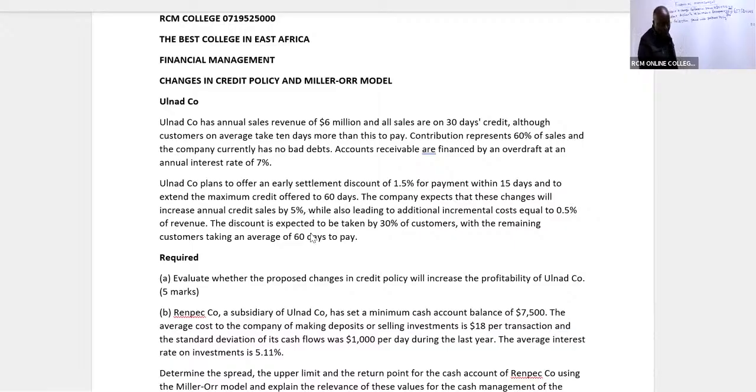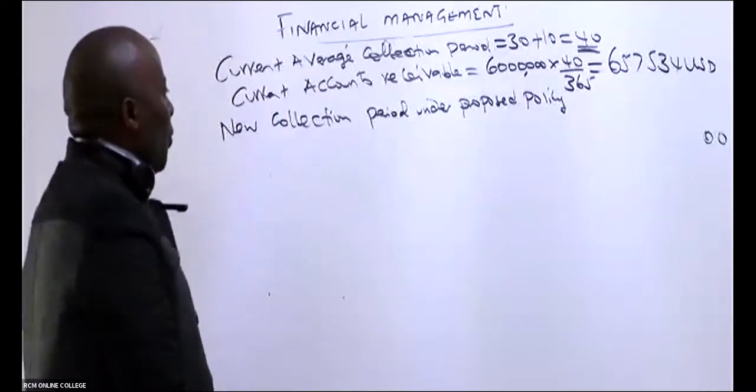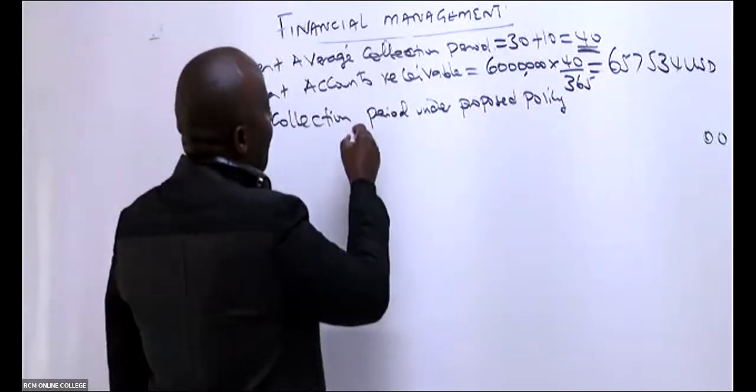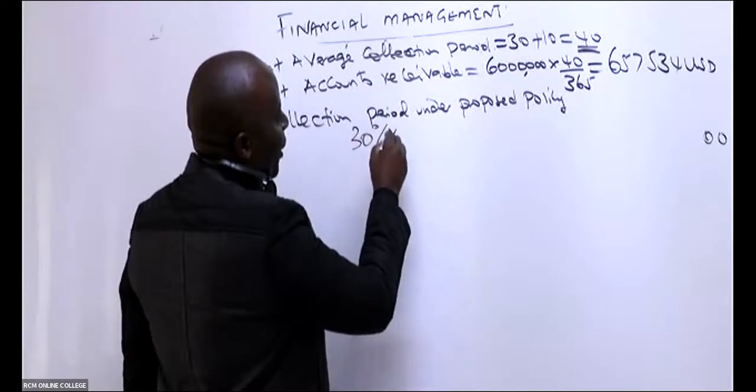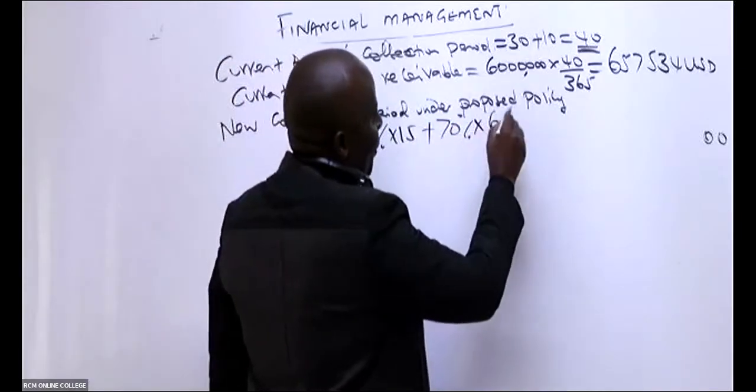The discount is expected to be taken by 30% of customers. So 30% of the customers will pay within 15 days, and the remaining 70% will now pay within 60 days.